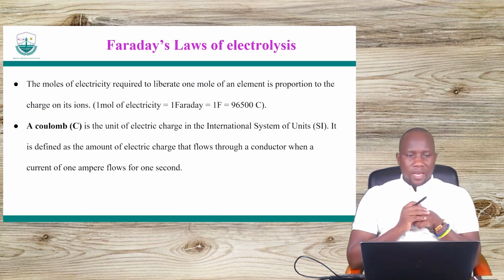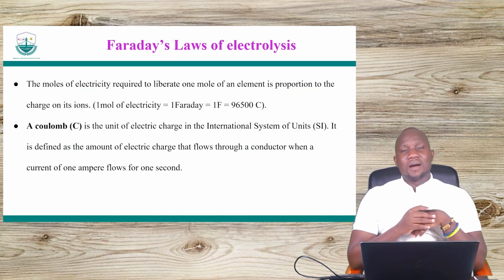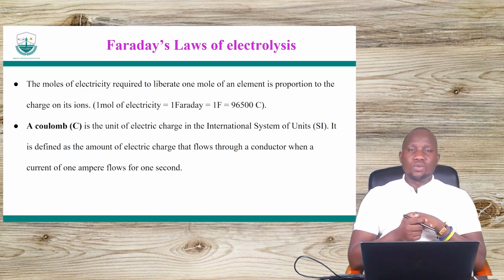So, further explanations. We have what we call Faraday's constant. Faraday's constant is basically the amount of electricity that you actually need to liberate or produce 1 mole of an element, and usually this is directly proportional to the charge on its ion.